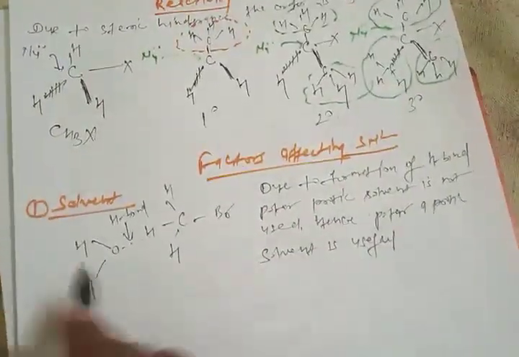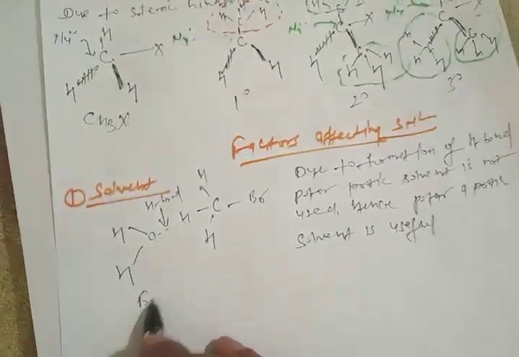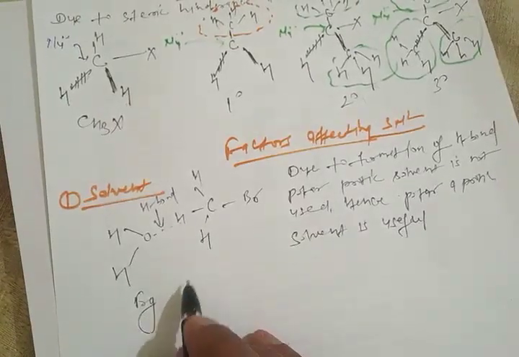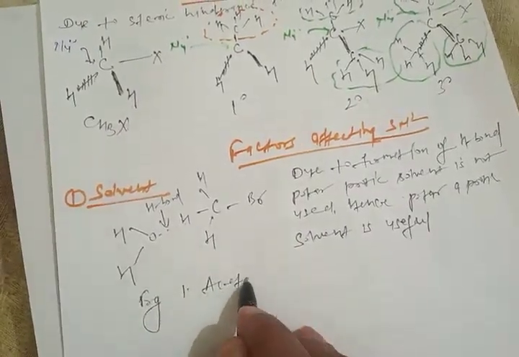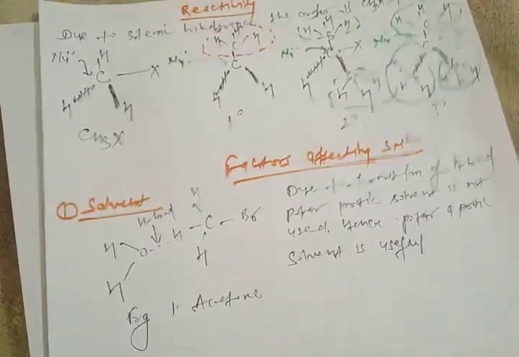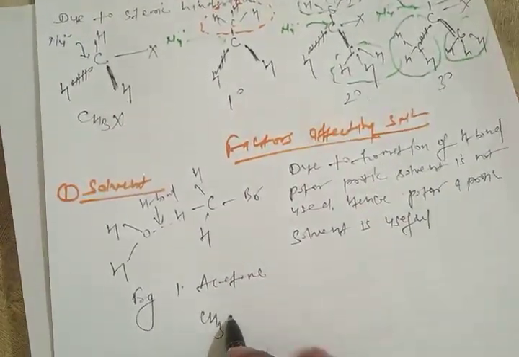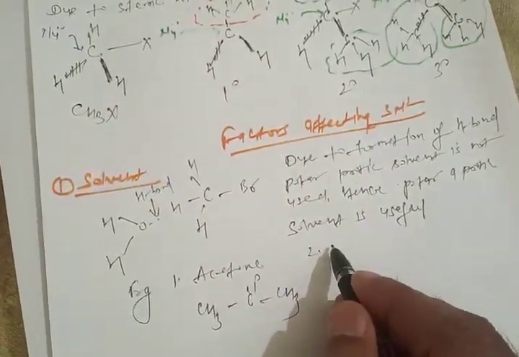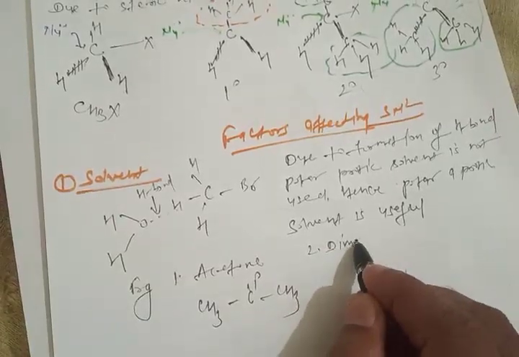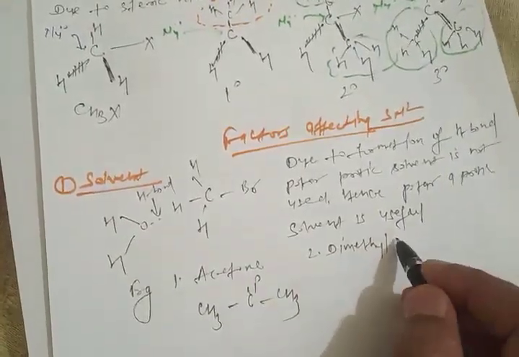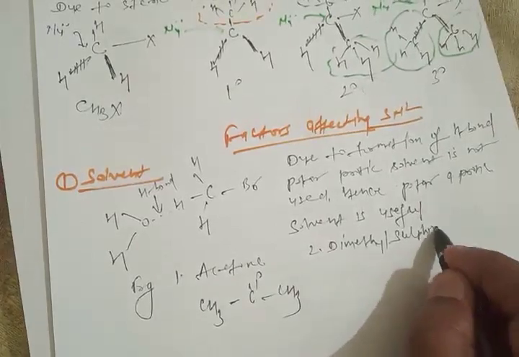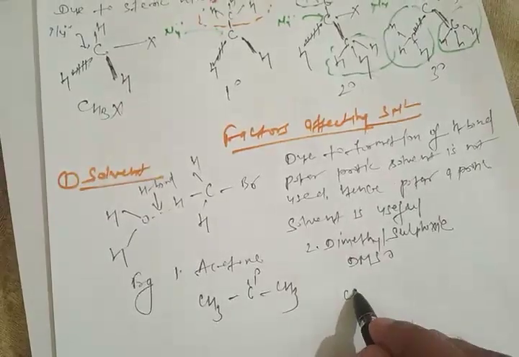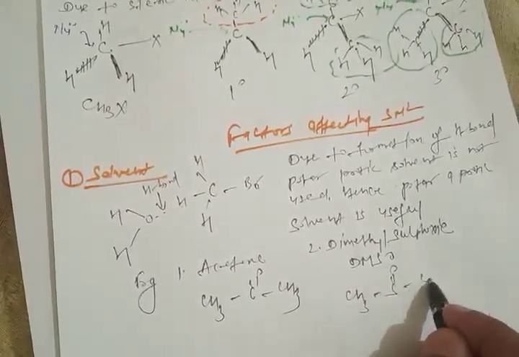What are the examples of polar aprotic solvents? So let's talk about the examples. We have acetone. Acetone is very largely used as a polar aprotic solvent: CH3, C double bond O, CH3. Then dimethyl sulfoxide, DMSO, nothing but simple like this: CH3, S double bond O, CH3.